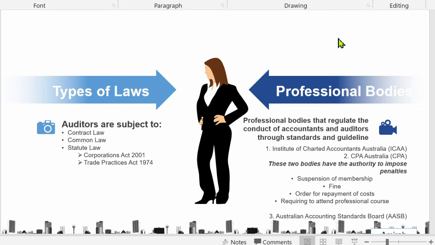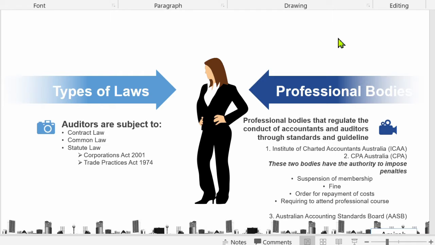First, they can impose suspension of membership. Second, they can impose a fine. Third, they can order repayment of costs. And fourth, they can send the accountants or auditors to attend a professional course.